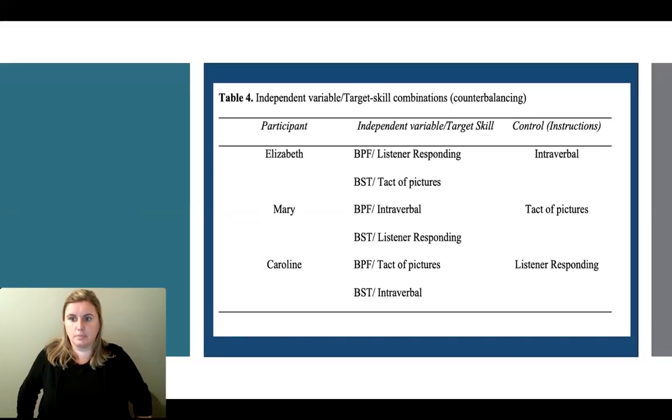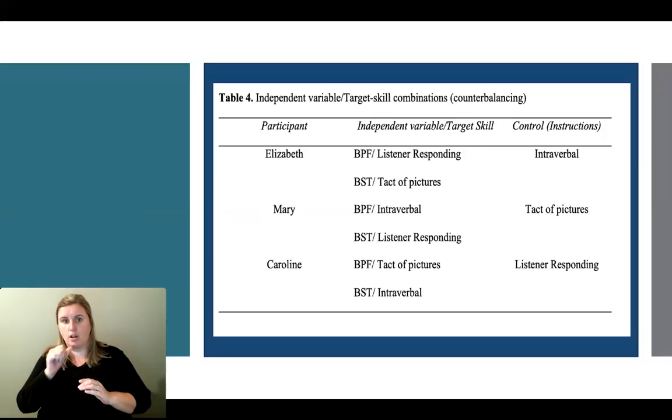The design that we used was an adapted alternating treatments design, which allowed us to compare non-reversible behaviors or training interventions. Specifically, participant 1 was taught using the abbreviated training strategy a specific target verbal skill, listener responses.